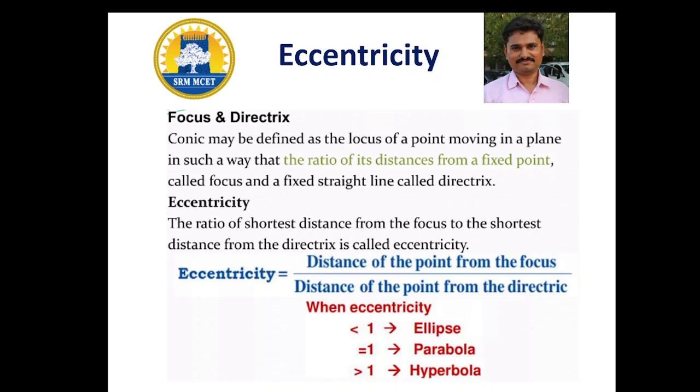When the eccentricity ratio is greater than 1, the distance of the moving point from the focus is longer than the distance of the moving point from the directrix. So whenever the eccentricity value is greater than 1, we get a hyperbola curve.